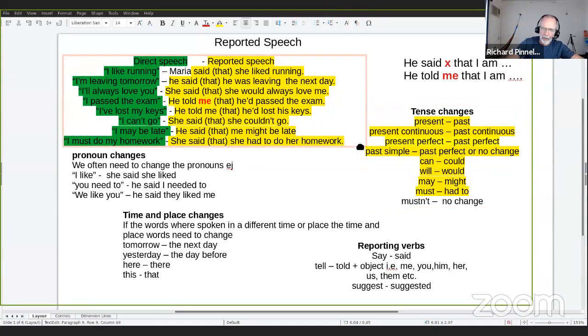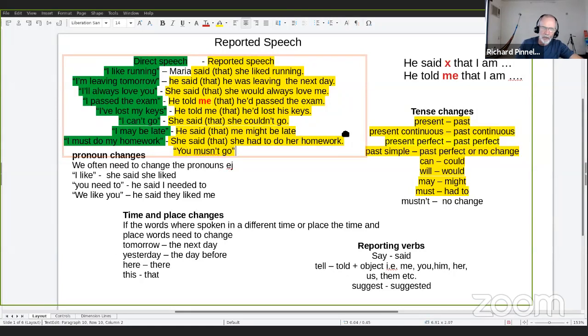For example, better put an example up there. Let's give another example: You mustn't go. Let's put that to make sure everybody knows that that's direct speech.